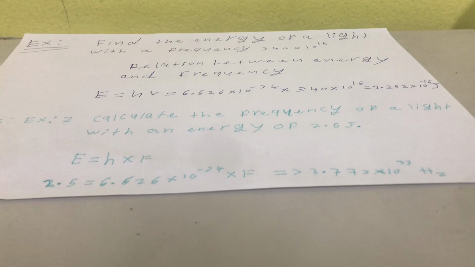So E is 2.5 equals H, the Planck's constant number, 6.626 times 10 to the negative 34, times frequency, because the question is calculate the frequency. So we get F equals 3.773 times 10 to the power 33 hertz.